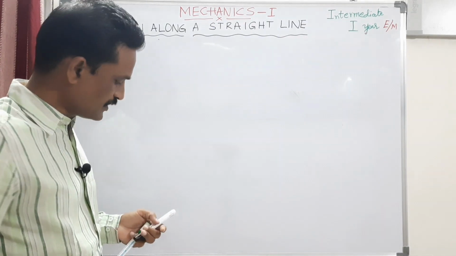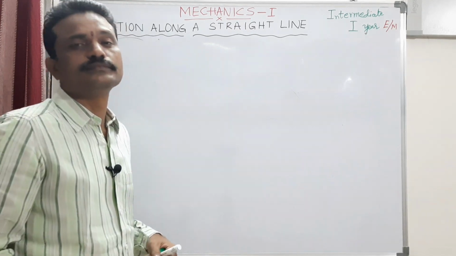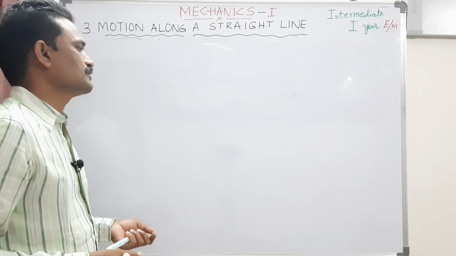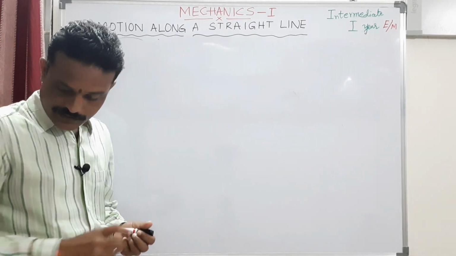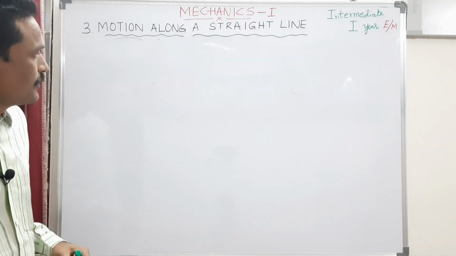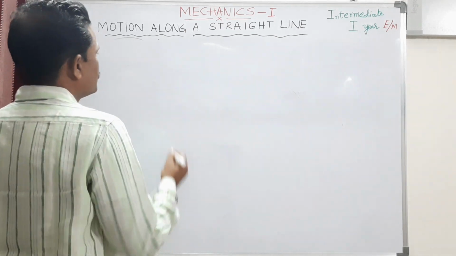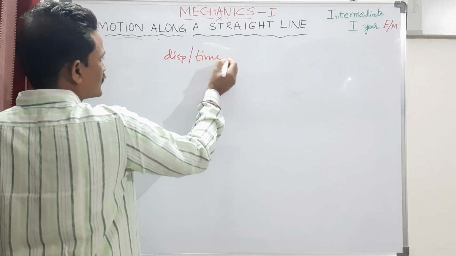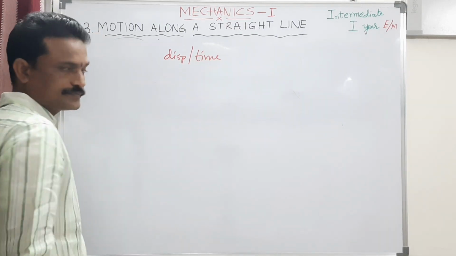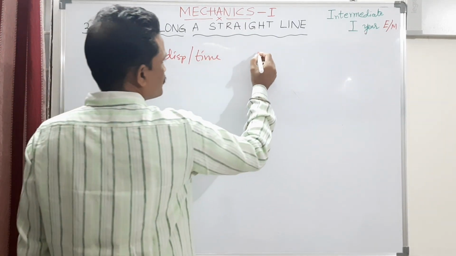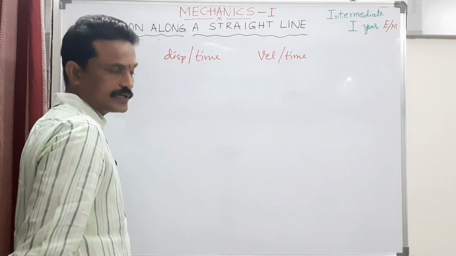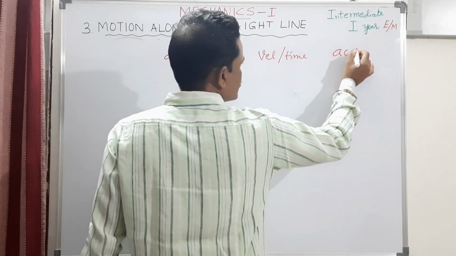We can find the speed of the blood flowing through your veins by using physics, right? Now, I can plot graphs between displacement and time, that is displacement versus time graph. I can plot a graph between velocity and time. I can plot a graph between acceleration and time.